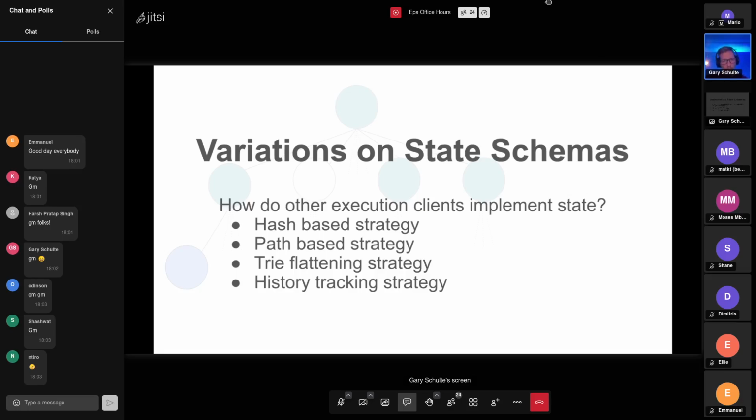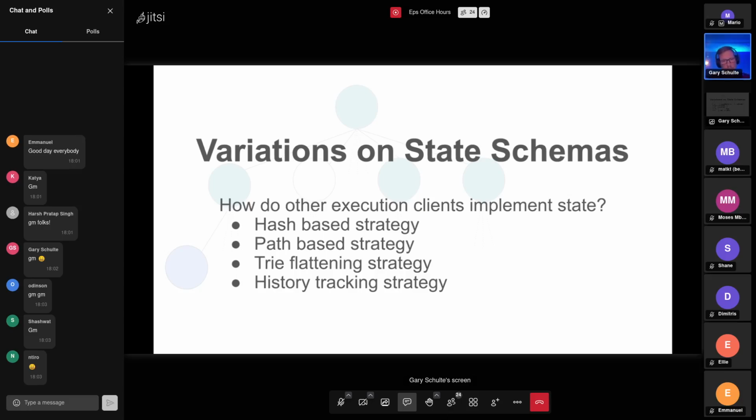Some have the hash-based tree still. Some have a path-based tree. Some have both hash and path. Some implementations flatten the tree. There's some interesting development in that regard, so that it's not a hex array, at least on disk.